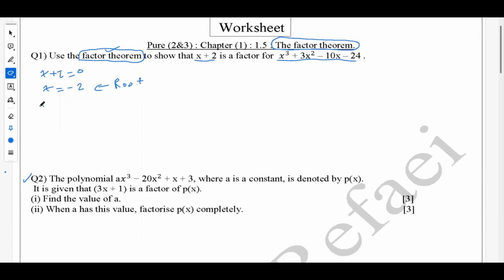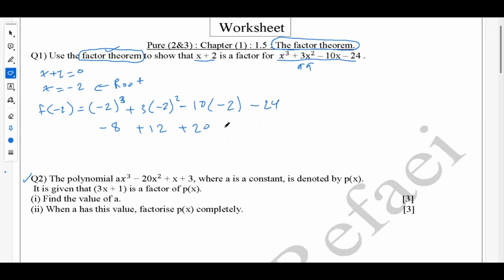Then f(-2) equals, we substitute it in the dividend, negative 2 cubed plus 3 by negative 2 squared minus 10 by negative 2 minus 24. Negative 8 plus 12 plus 20 minus 24, 0.